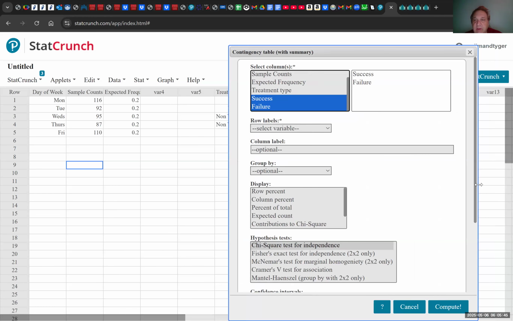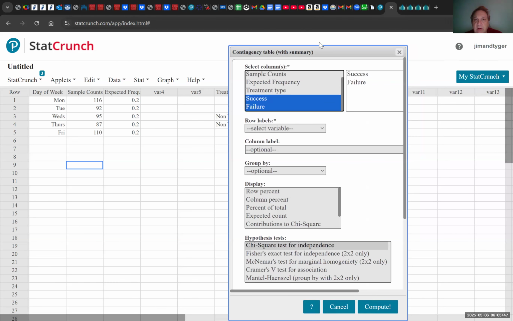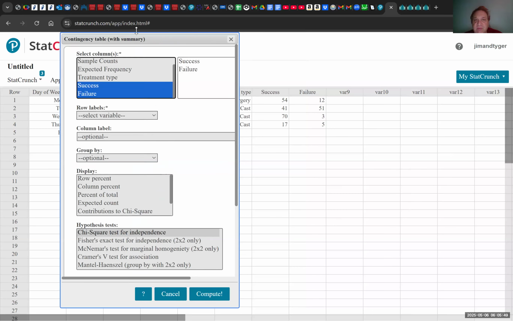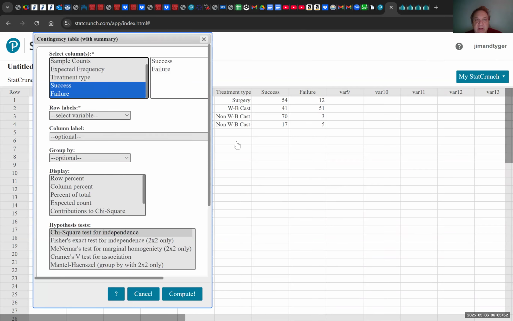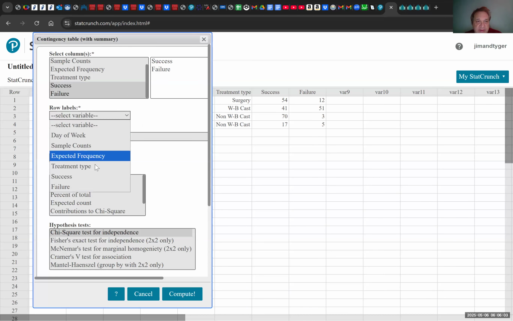Let me make this a little smaller so you can see more. The treatment type right here is showing all the row labels. So this row here is surgery, etc. So I'm going to go down to treatment type. There we go. So that's our row label.